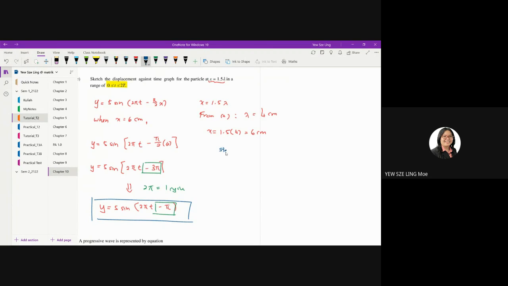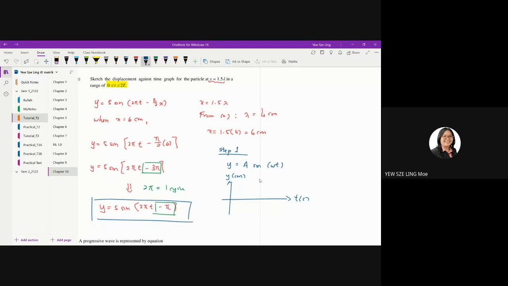Step 1, I'm going to assume it comes without initial phase angle. So y equals a sine omega t. I have a y against t graph, where y is in cm and t is in seconds.